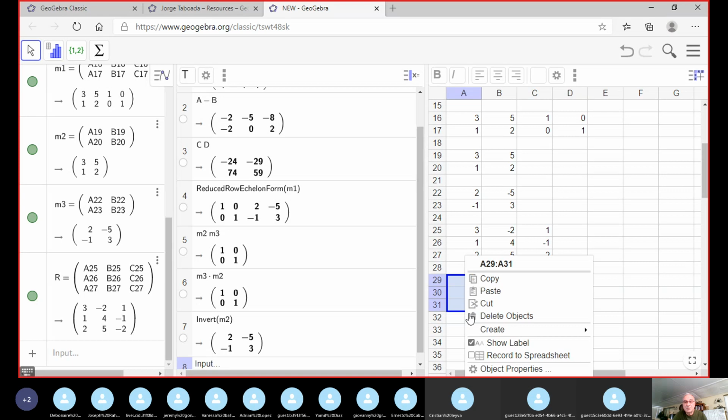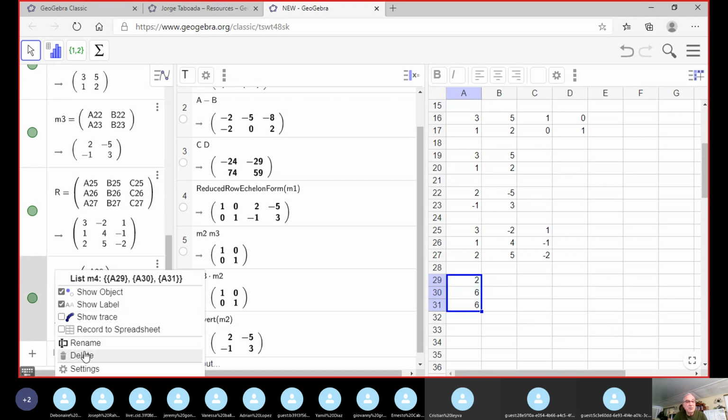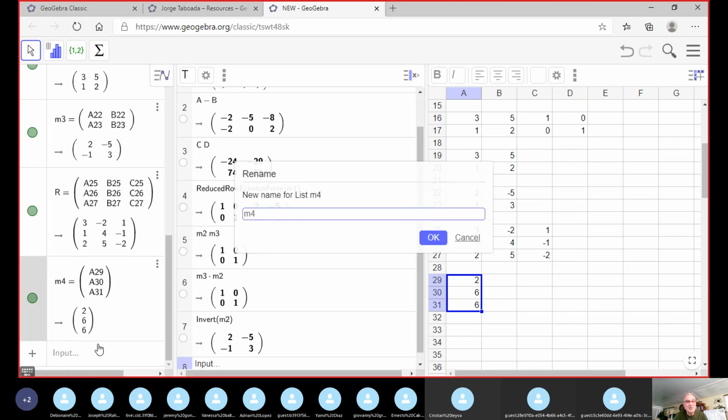Let me create this matrix. I want to change the name. Let me put the name W. Any name. What name do I say? W, capital W. Remember the matrix normally uses capital W.